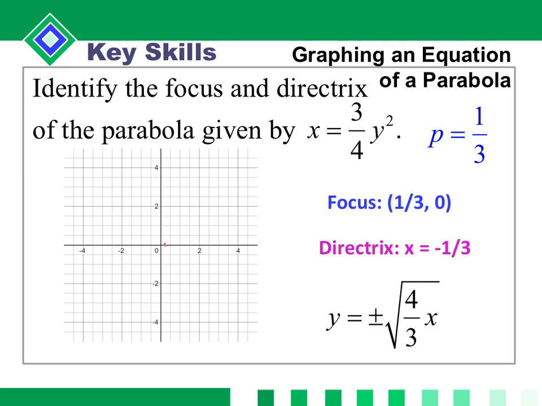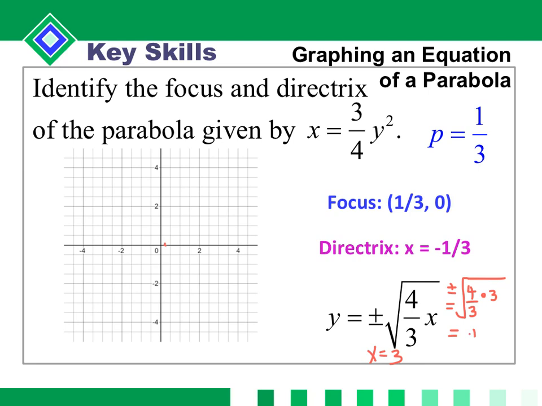And if I plug in 3 into this equation, I'm going to get the square root of 4/3 times 3, plus or minus, because by plugging in x equal to 3, I'll be able to get rid of this decimal, and I'll be able to get the square root of 4.